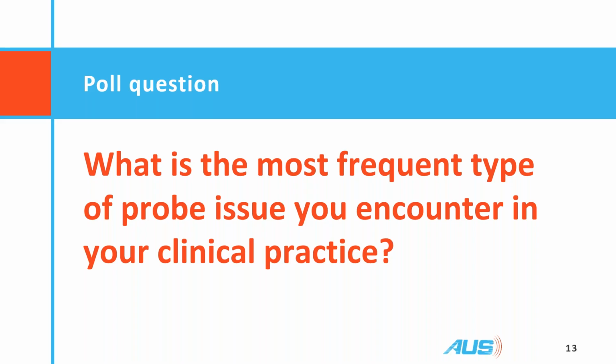I hate to tell on myself, but when I was a brand new engineer many years ago, my service manager was out with me. I was doing my first PM, and the very first thing I did was try to image quality test a probe, and it hung up on the caster, down by the wheel, and it pulled the probe right out of my hand, and I dropped the probe.